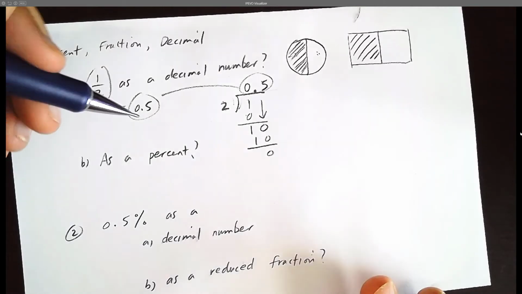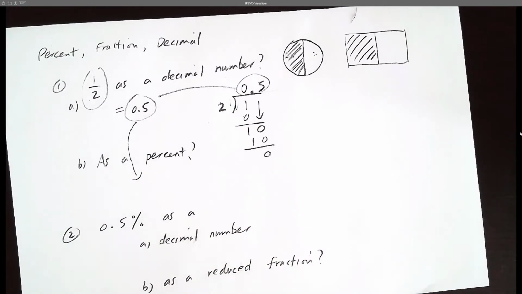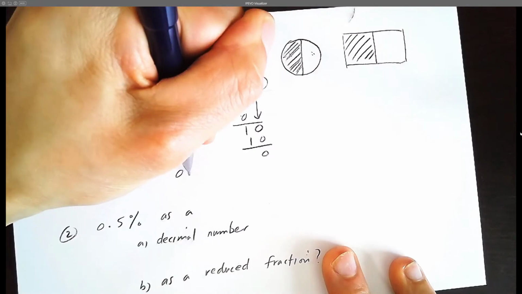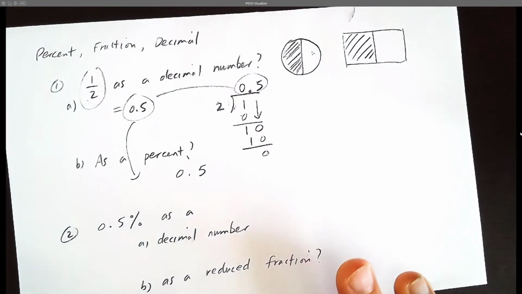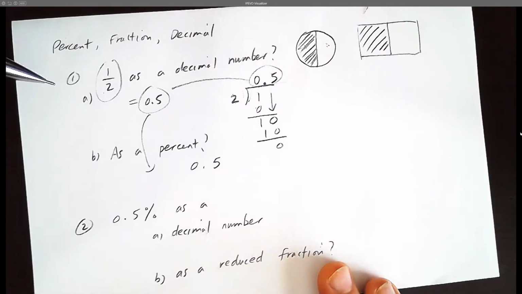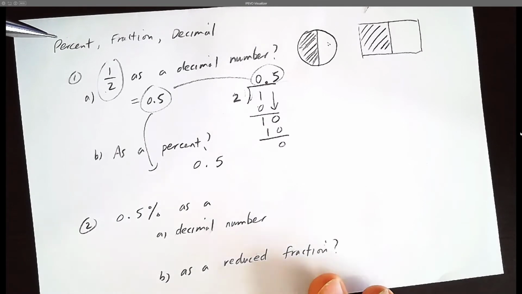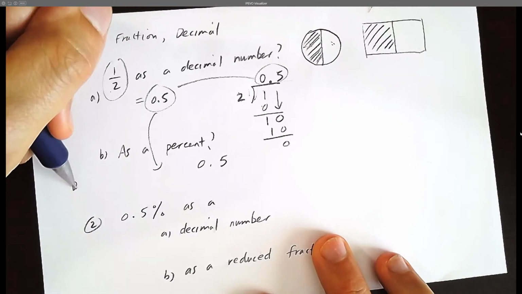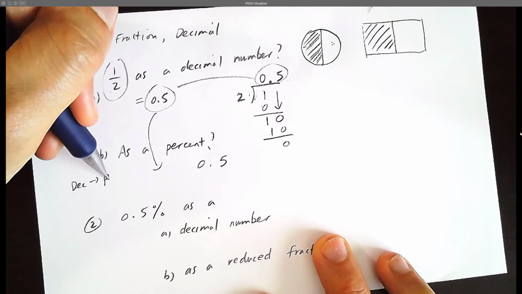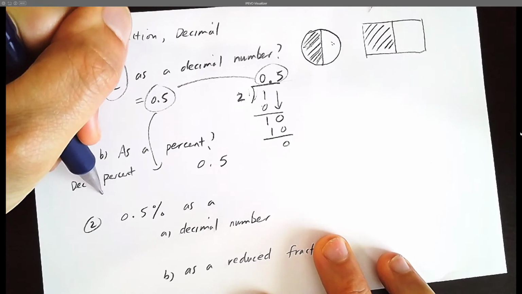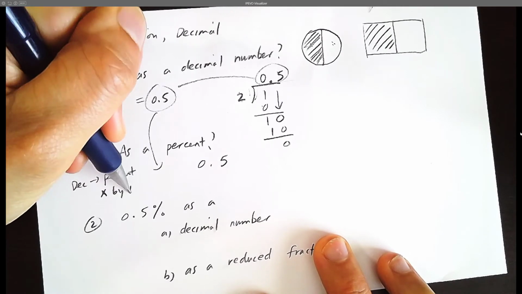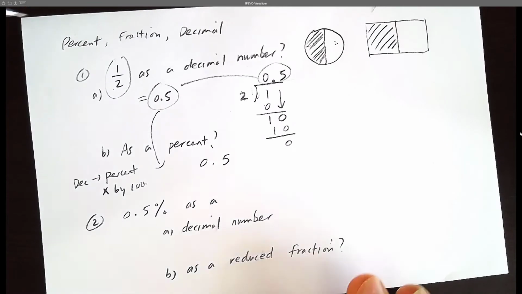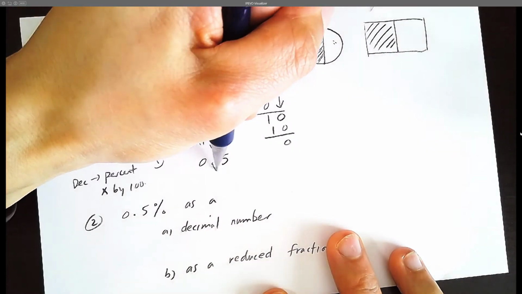Now how do you convert this decimal number to percent? You have this answer, 0.5. To go to percent, we're going to multiply by 100. So decimal to percent, you're going to multiply by 100. So we're going to start here and go boink boink.